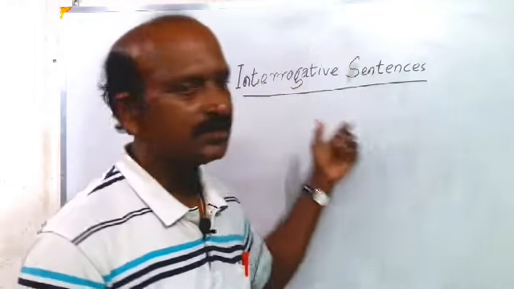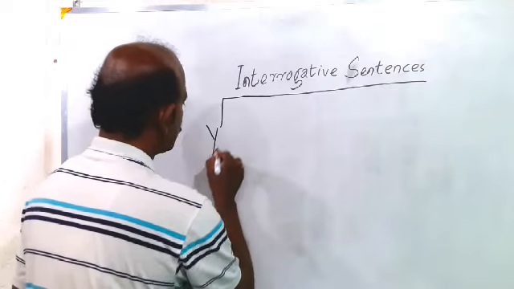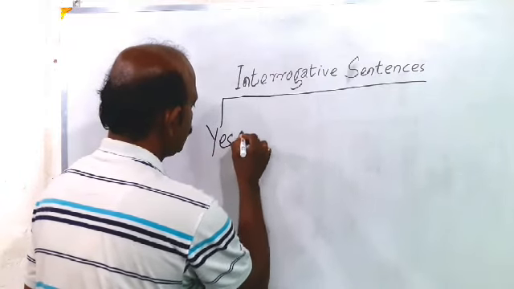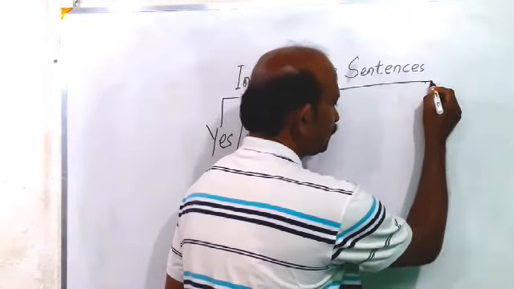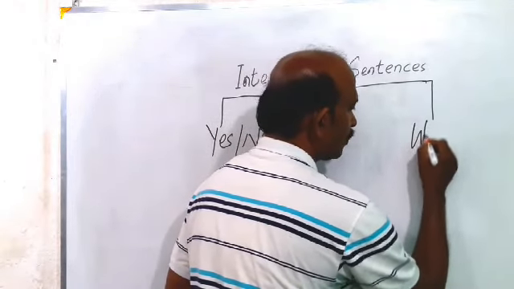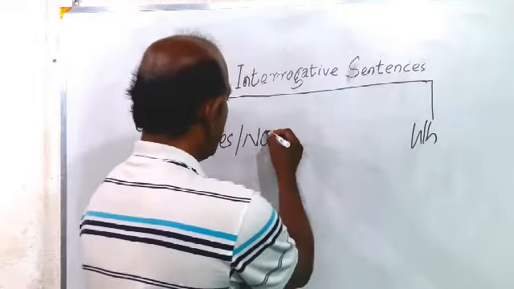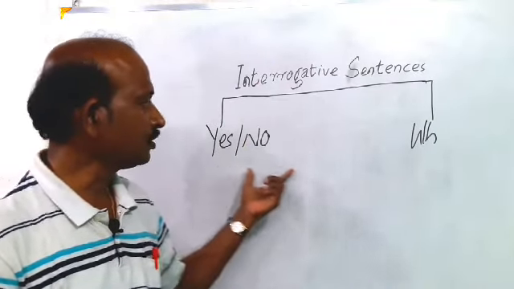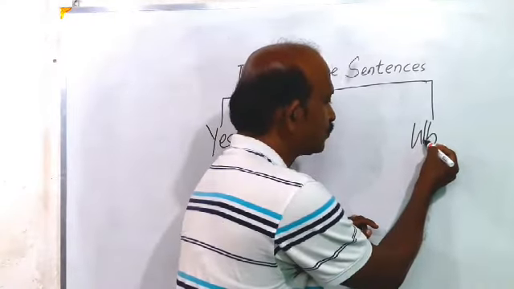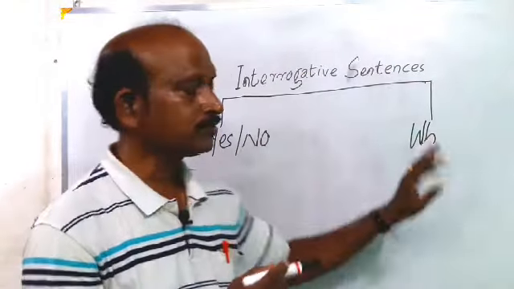Interrogative sentences are divided into 2 categories. The first category is known as the yes-no type question, and the second one is known as the WH question. We should be clear about both patterns.